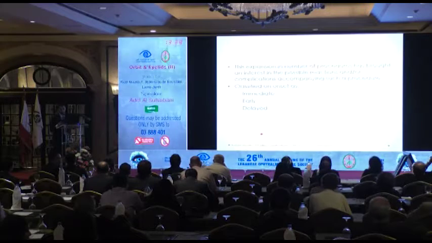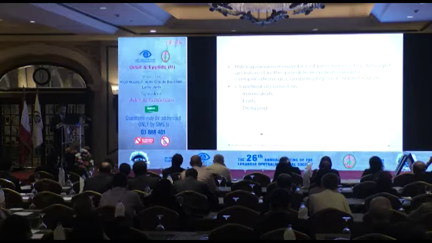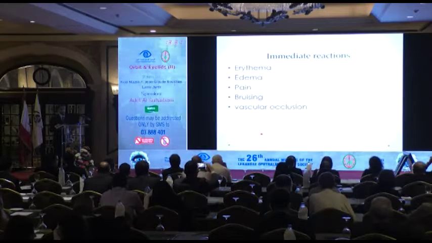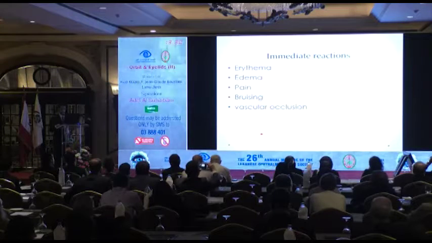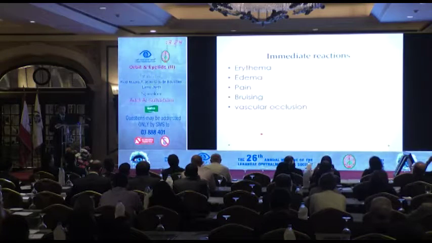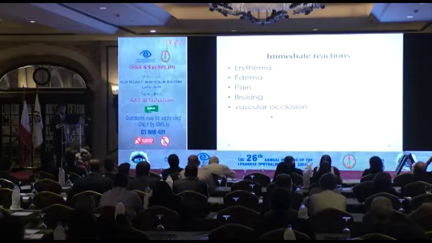In general, we can divide these complications into immediate, early, or delayed complications. Immediate complications include erythema, edema, pain, bruising, and vascular occlusion. Most of these resolve in a short time unless you get unfortunate and have a vascular occlusion.